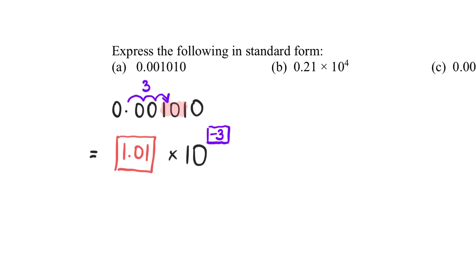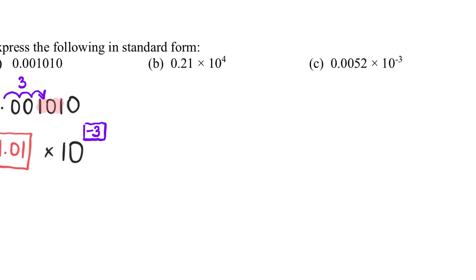And for part B, let's move on. For part B, we are given the following: 0.21 times 10 to the power of 4.